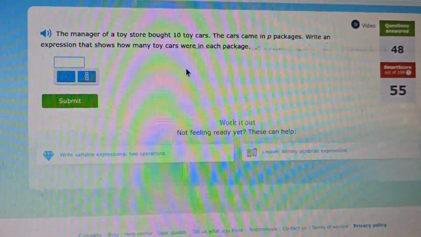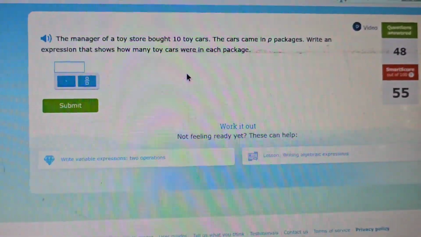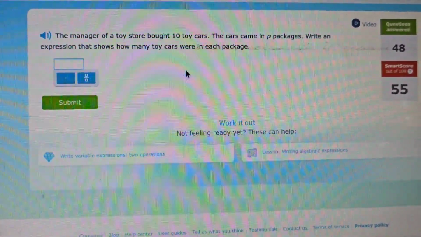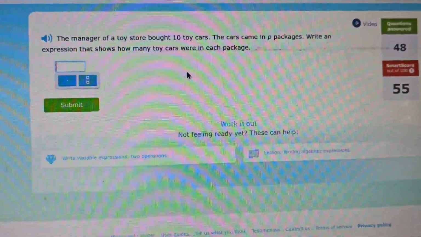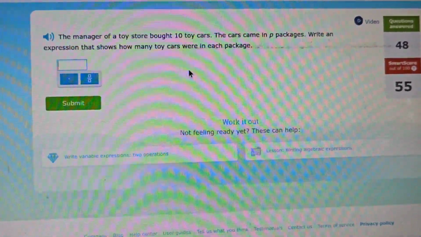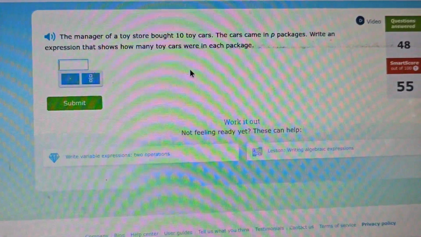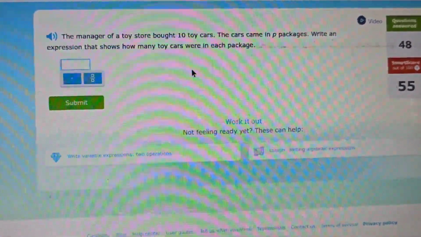So here's another type of problem that you will get. The manager of a toy store bought 10 toy cars. The cars came in P packages. Write an expression that shows how many toys were in each package.